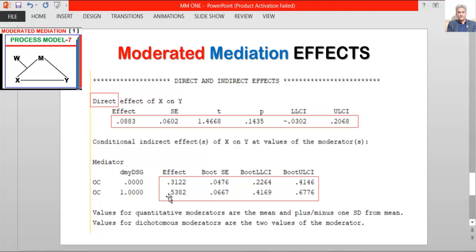Similarly, we can see that this effect of X through OC and dummy variable with value 1 is 0.5382, which is also significant as per the lower and upper limits of the confidence interval.